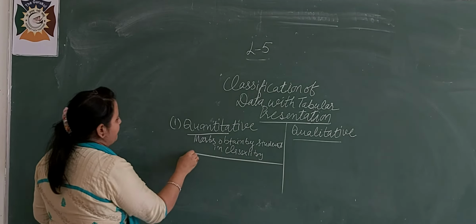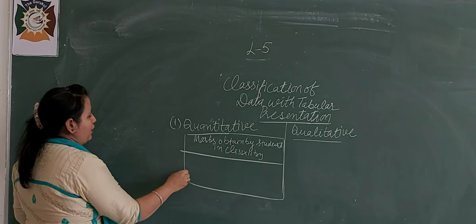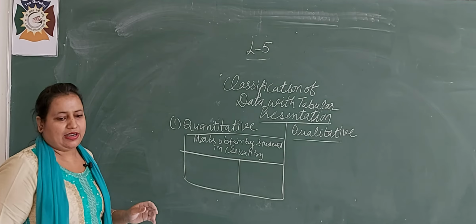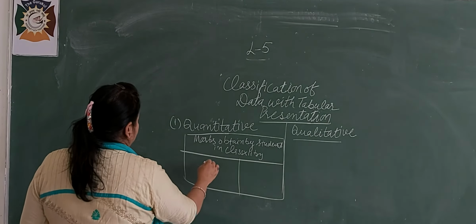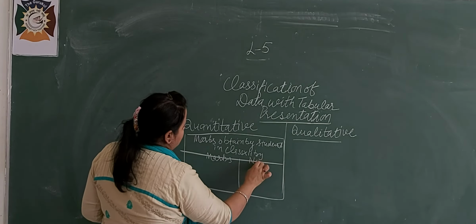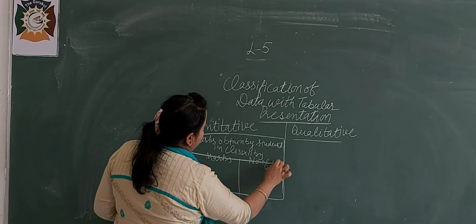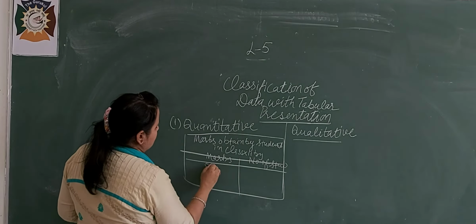So I am making this table. On one side marks and on one side number of students. For example, I am taking those who score 50 to 60% marks.